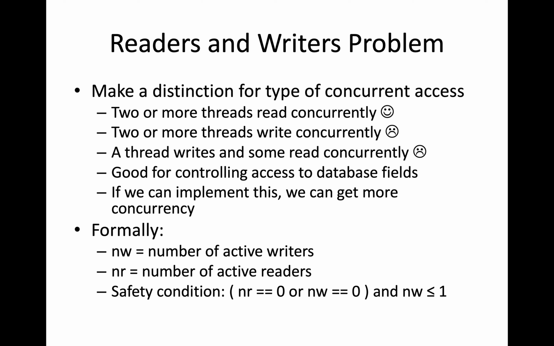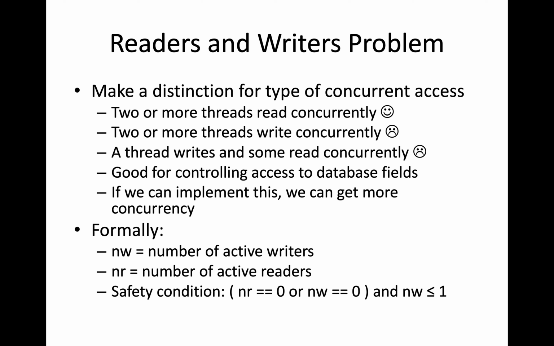And even if there's a mix, if one of them wants to write and some others want to read, that can usually lead to some bad situations. So we want to prohibit that also. So in short, it's okay to have as many readers as you want, any number of concurrent readers. But we can't have more than one concurrent writer, and we can't have a mix. We can't have some readers and some writers at the same time.